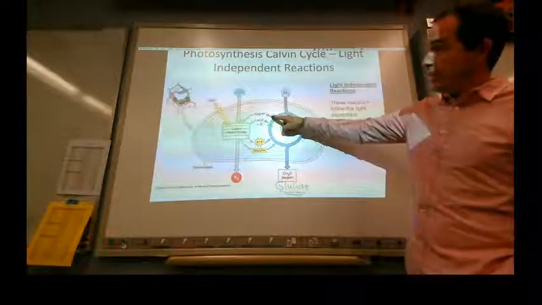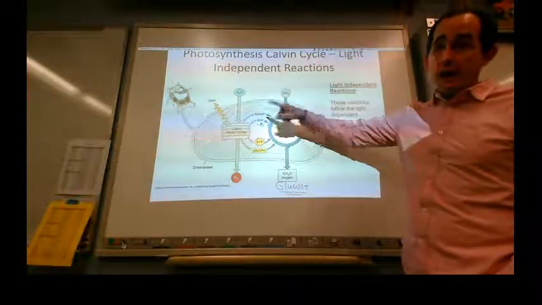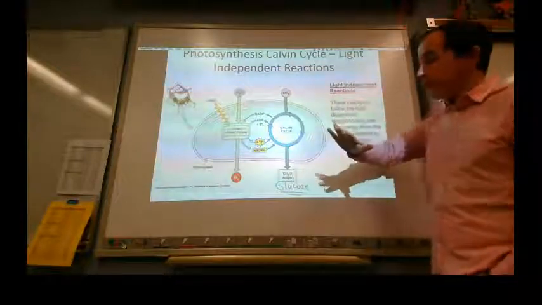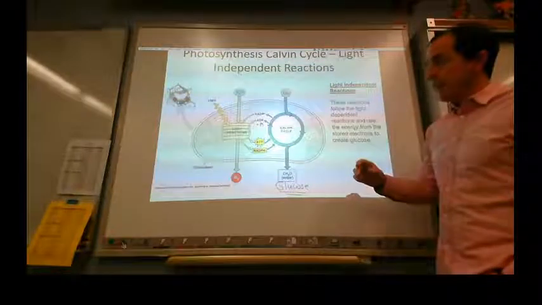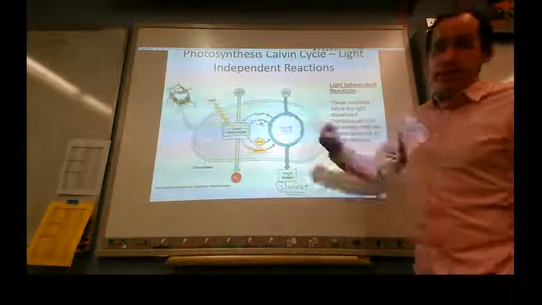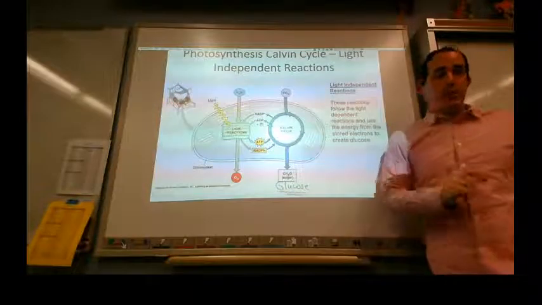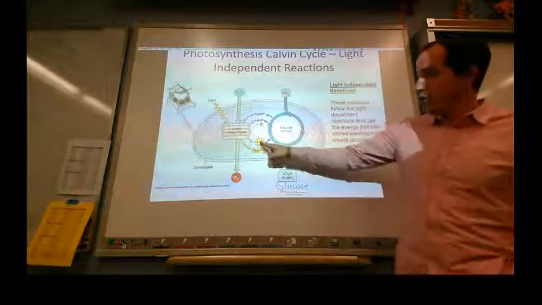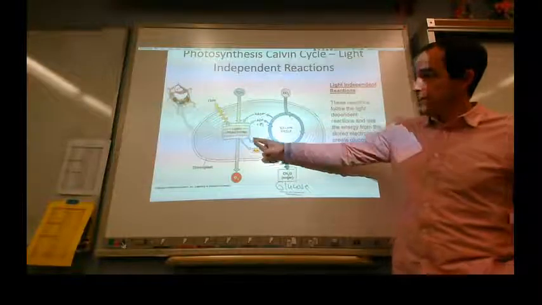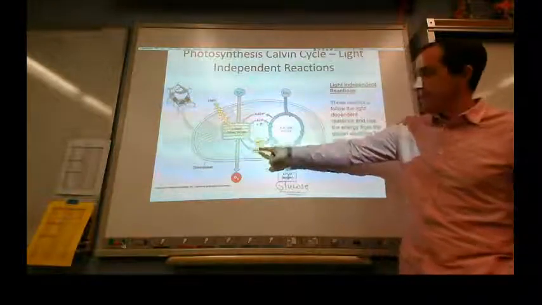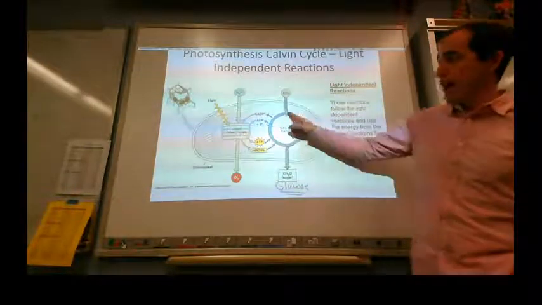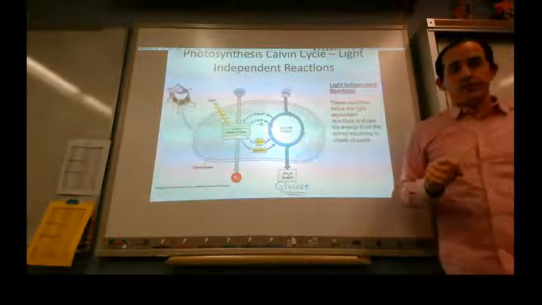To create NADP+, which we'll see how all of this works when we really dive into these reactions, and ADP plus P. Okay? So we use the materials that are created in the light-dependent reactions to drive the Calvin cycle. All right?